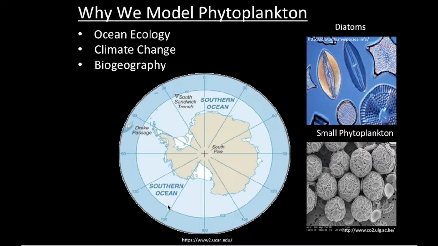Our second group is small phytoplankton, which, due to their smaller surface area to volume ratio, can take in nutrients faster than diatoms, and can also live in more nutrient-poor waters that diatoms aren't able to grow in. Our study area for this project is the Southern Ocean, which is the ocean around Antarctica. We chose this location because it is experiencing a lot of change along with climate change.